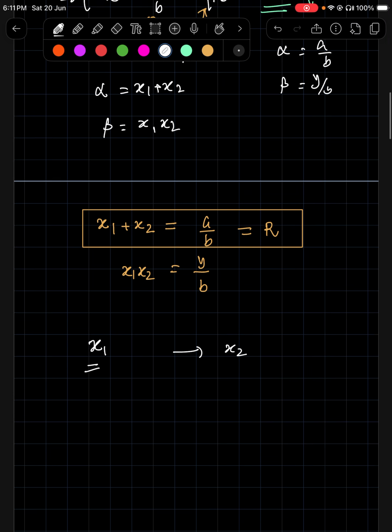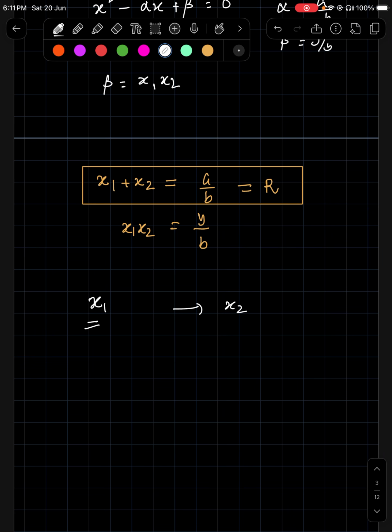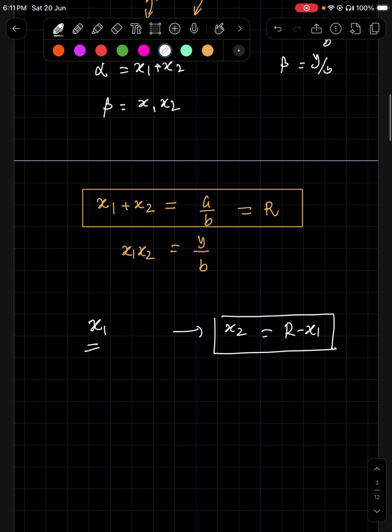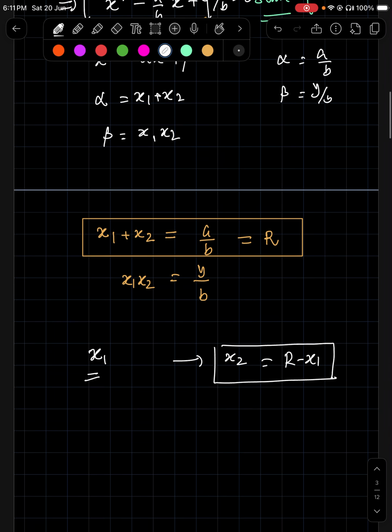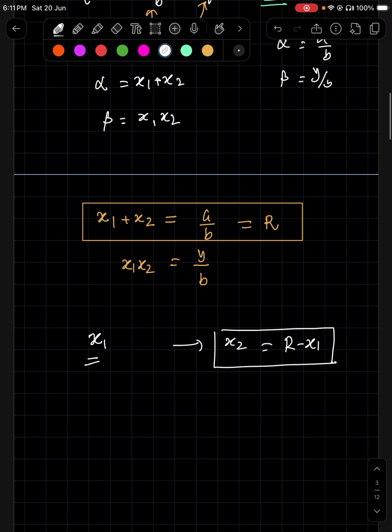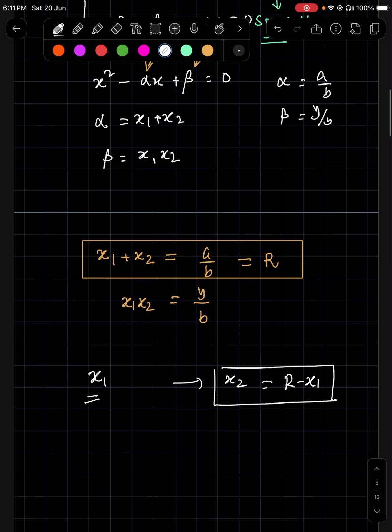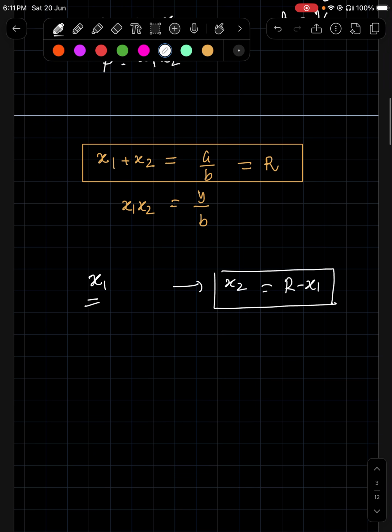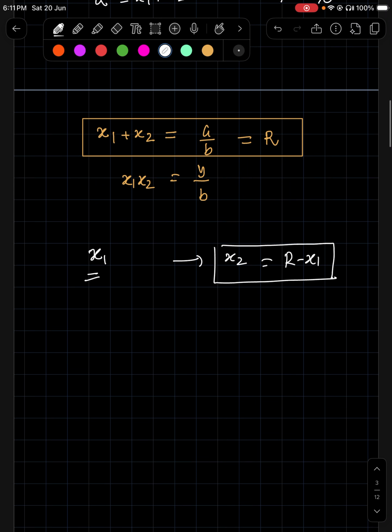So x2 is R minus x1, and it can help to solve various important problems. This can be taken as a trick to solve various problems. So this is a very important thing.